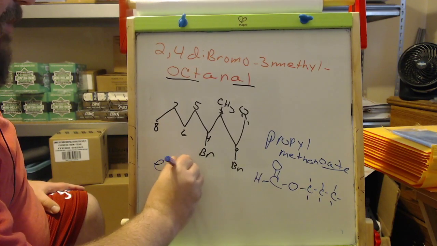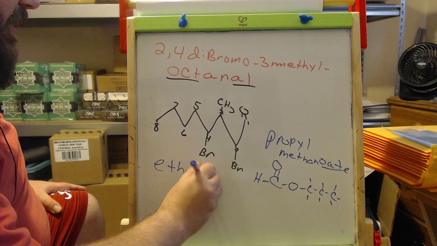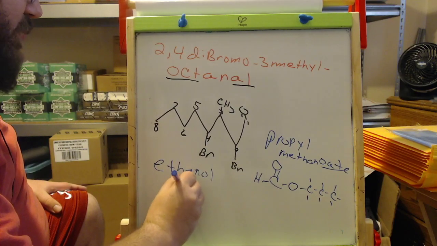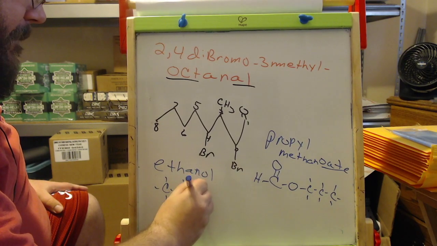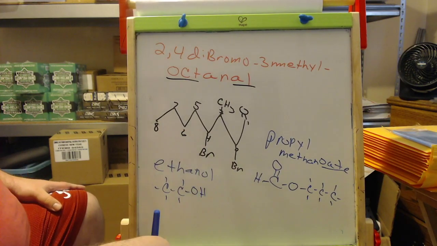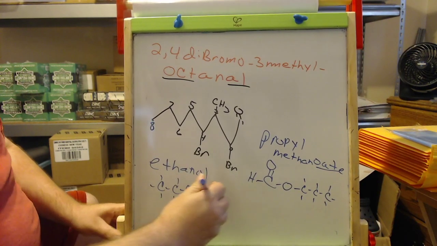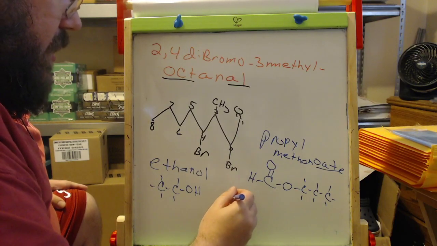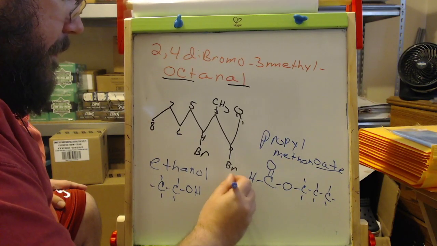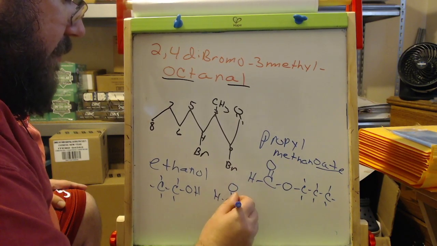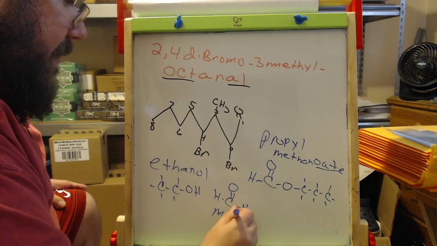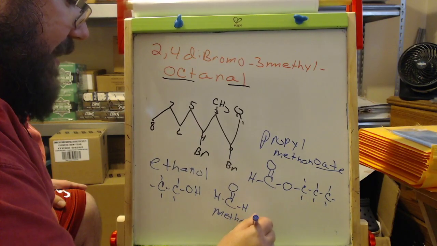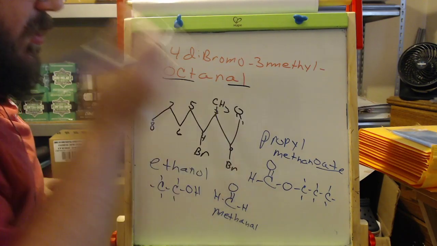Common organic compounds now that you have in your everyday life. The alcohol that we drink is ethanol. I already did isopropyl alcohol. This right here, which we would call methanal because it's an aldehyde, but it's only 1 carbon.